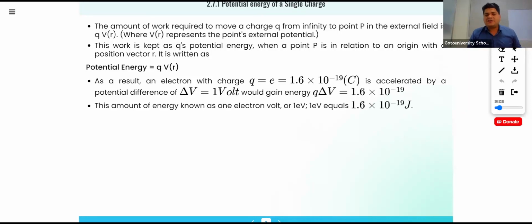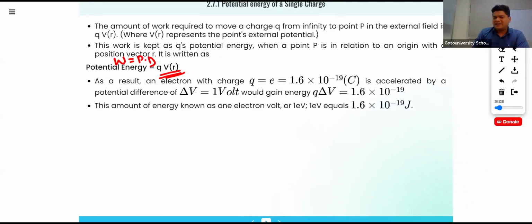This work is kept as Q's potential energy when point P has position vector R relative to the origin, and it is written as QV(R). The same potential energy, that same work done, is given by QV(R). What I explained sequentially is given here in the theoretical part.